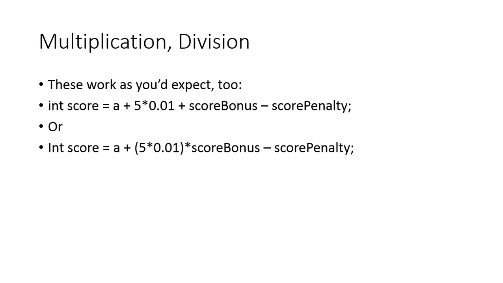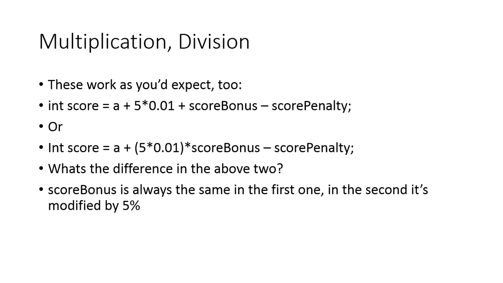Or we could have that be a modifier on score bonus by saying basically your score bonus is going to be 5% of whatever the bonus is. So 5 times 0.01, that gives us the 5%, and then times the score bonus minus the score penalty. These are just sort of fake things I've concocted. And of course the difference between those two is one is basically a multiplier, another one is just a finite addition that adds on the 0.05.